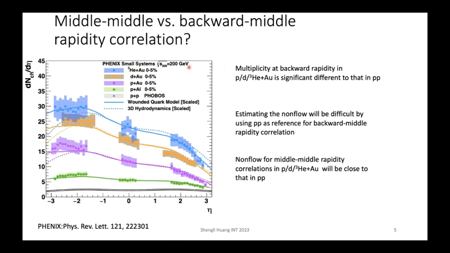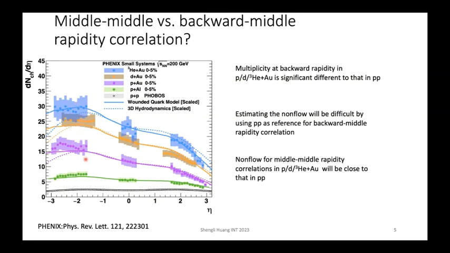First, this is the PHENIX published dN/deta distribution in He3+Au, d+Au, p+Au compared to pp collisions. You will see in the pp collisions, the multiplicity drops in the forward rapidity, but in the asymmetric collisions like p+Au, d+Au, He3+Au, you see a very significant enhancement.